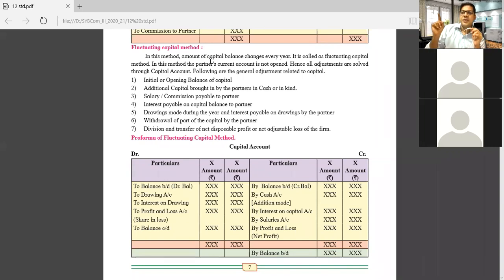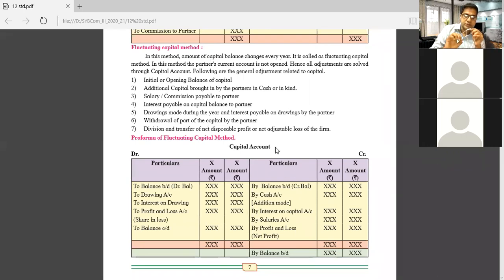In the fixed capital method, we prepare the current account, and whatever expenses are there, we record on the debit side. Whatever incomes are related to the partners, we record on the credit side of the partner's current account. The same expenses and incomes we record in the capital account ledger.